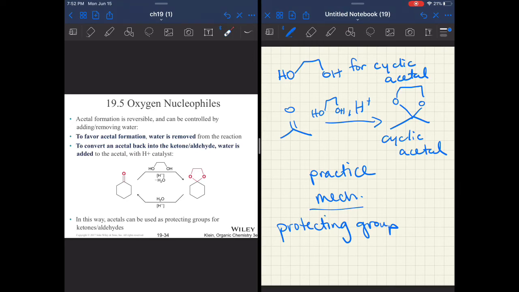We're going to talk about that mechanism in a future video. But for now, let's just remember that this is reversible. Just add water. All right, so here you want an acid catalyst. Here you want a dilute acid.